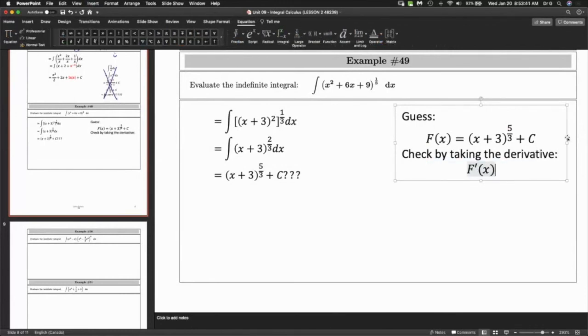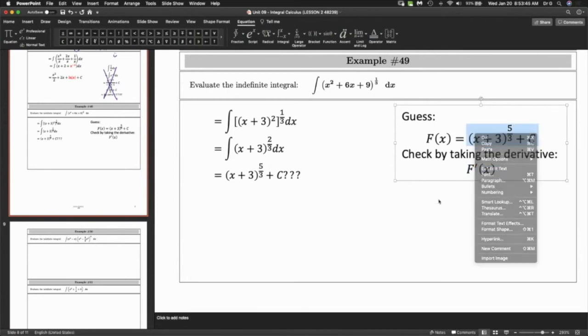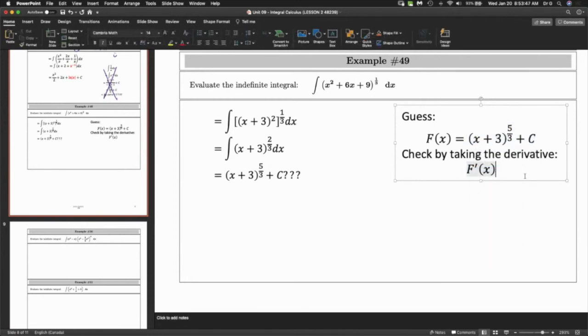So what's the derivative of this? Let's go through that process. The derivative is based on the power of a function. So it's 5/3 times x plus 3 to the power of 5/3 minus 1, times something.